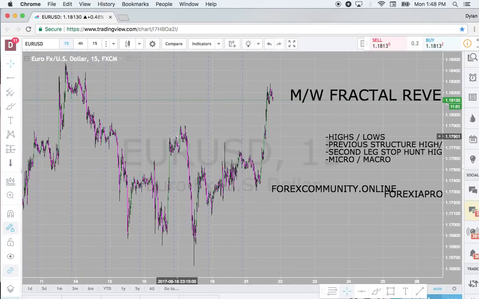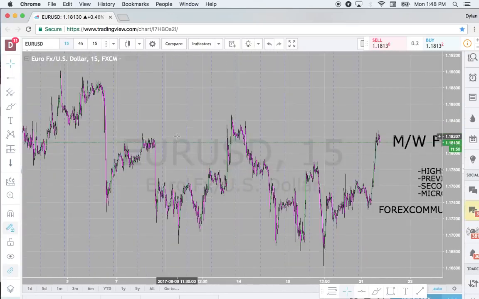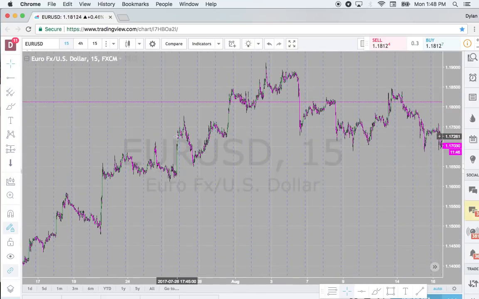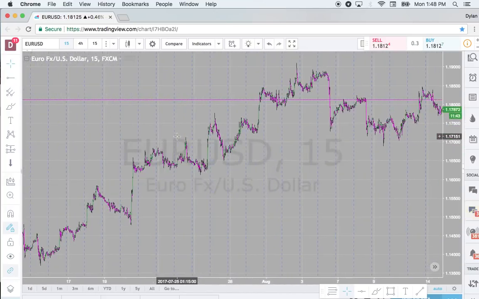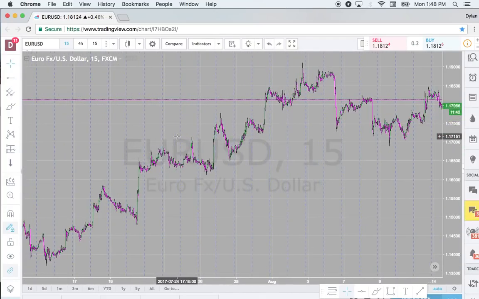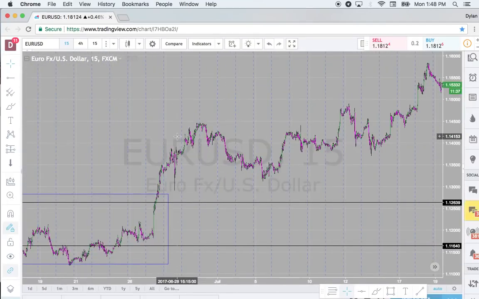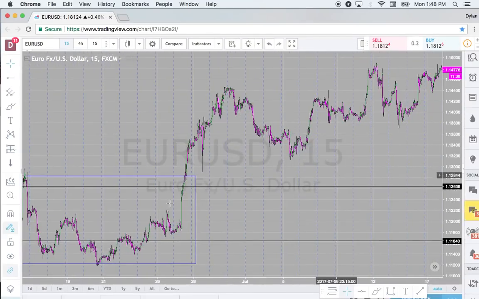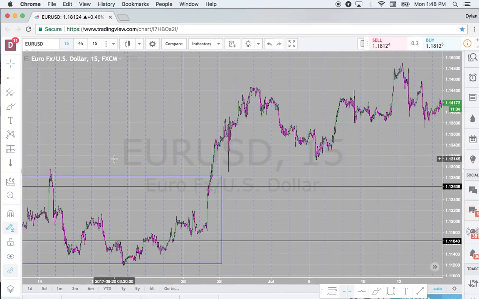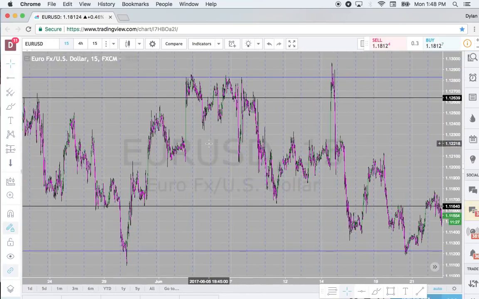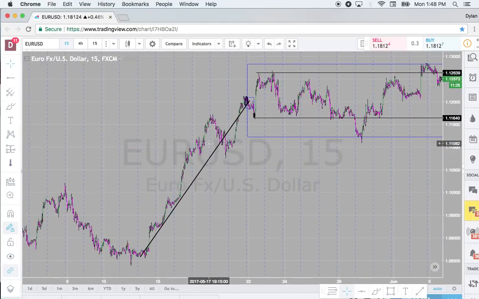So it will be interesting. I do have a different kind of analysis strategy, if you want to call it that, than a lot of other people. I don't use indicators or any of that mainstream stuff.